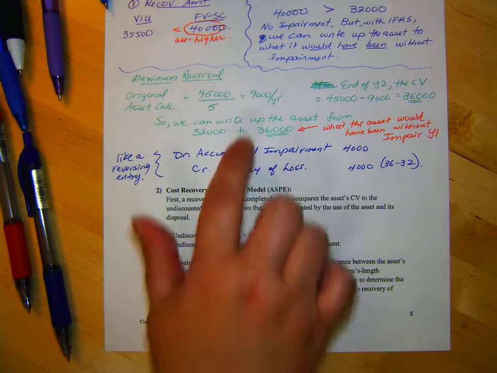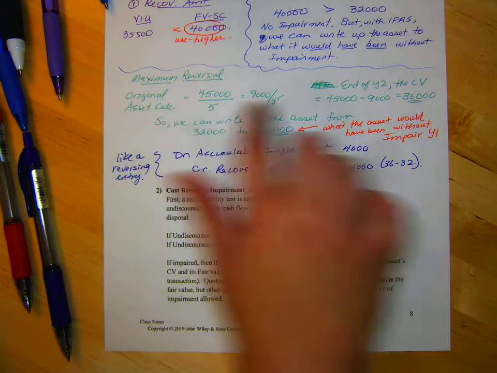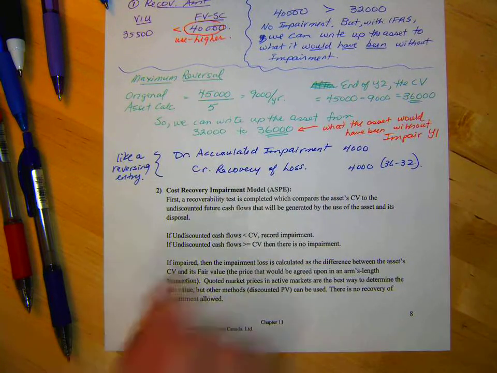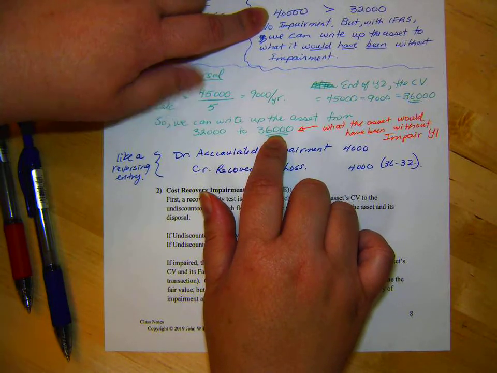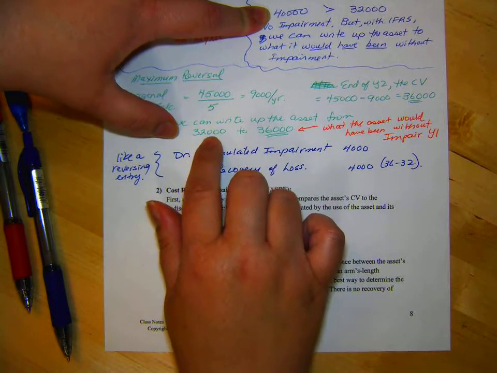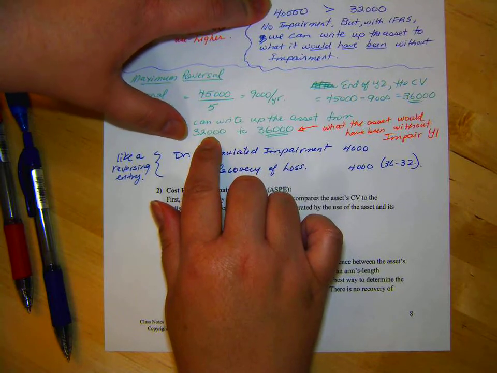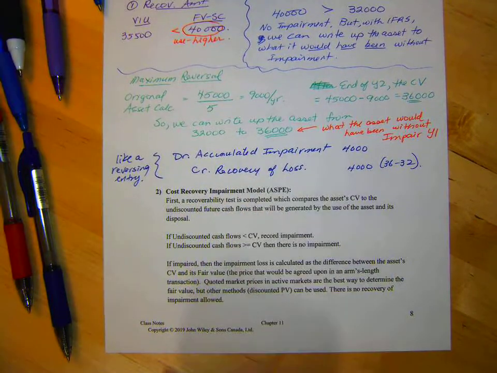But only to the amount that the original asset calculation would have been. So I can't go from 32,000 up to 40, I can only go up to 36.